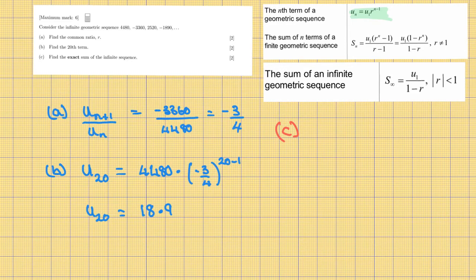And part C, find the exact sum of the infinite sequence. So in order to find this, we're going to use this formula for the infinite geometric sequence. So we want S to infinity is equal to u1, which is 4480, divided by 1 minus r, which is minus 3/4.